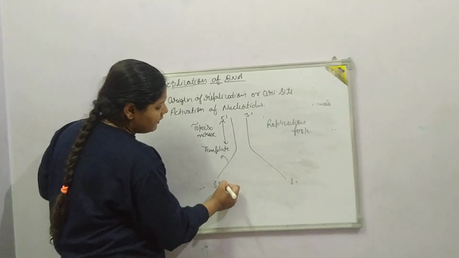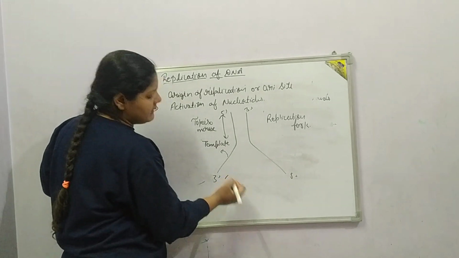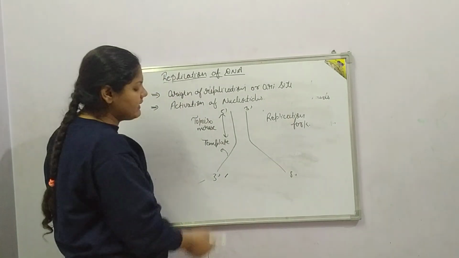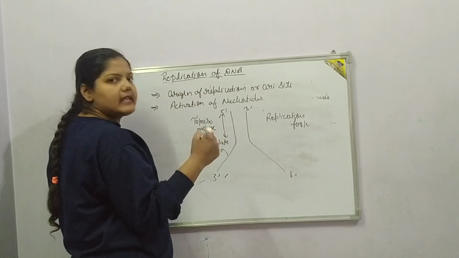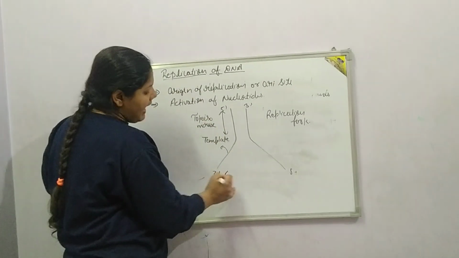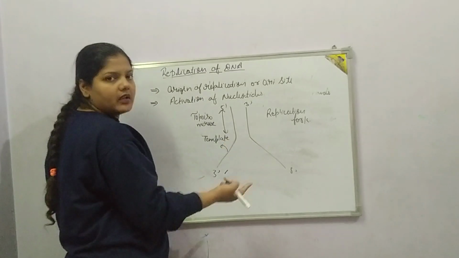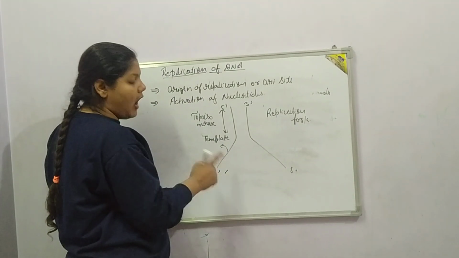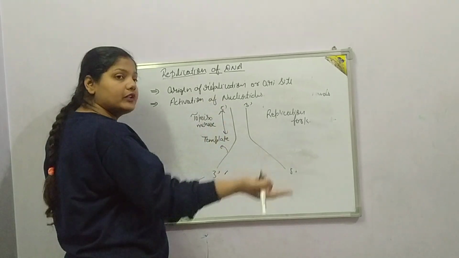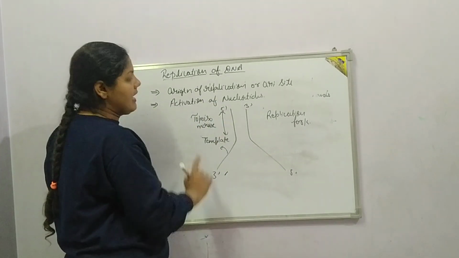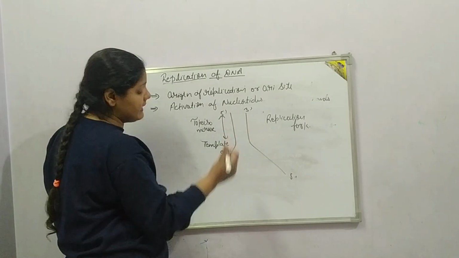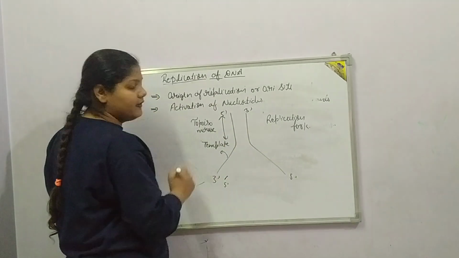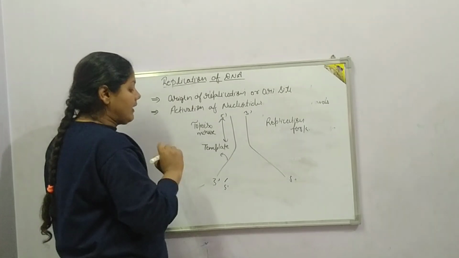A small primer is added with the help of primase, and this primer is removed afterwards enzymatically. The daughter strand which will be formed will be formed in the opposite direction to the parent strand. If this strand is 3' to 5', then the newly synthesized strand will be 5' to 3'.